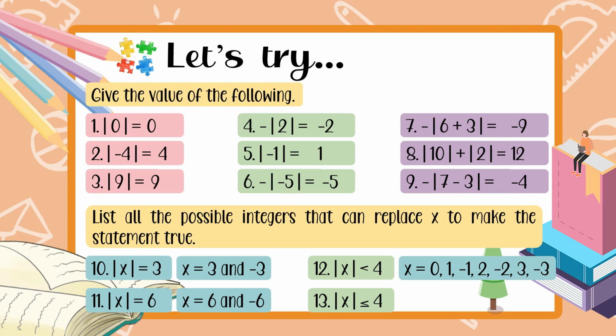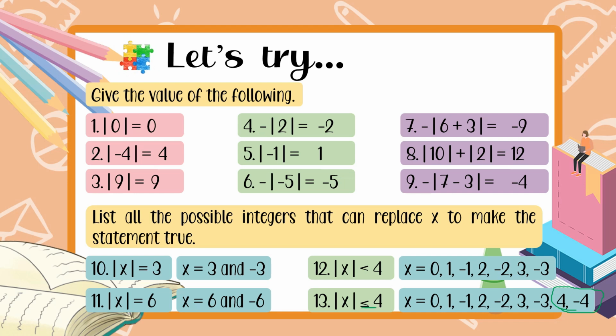So, ang ating mga integers na pwede magbigay ng absolute value na 4, 3, 2, 1, at 0 are these integers. So, same lang doon sa nasa answer natin sa taas. It's just that, nadagdagan lang tayo ng 4 and negative 4 because of the symbol is equal to 4.